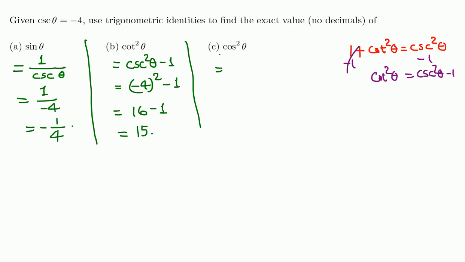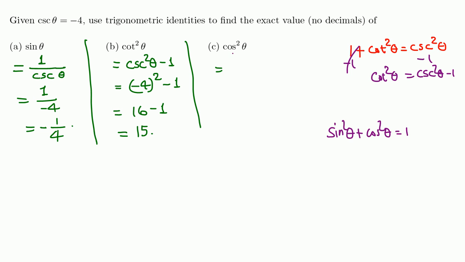And finally part C, cosine square theta. Okay, we know that sine square plus cosine square is 1, and cosecant is the reciprocal of sine, and we have the value of sine. So let's write down the relationship here. Sine square plus cosine square is 1.